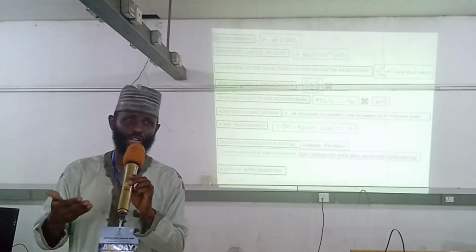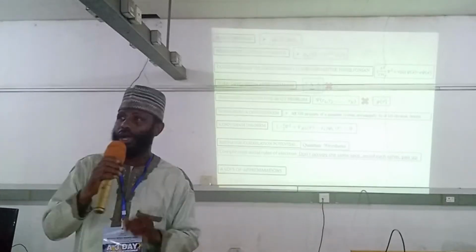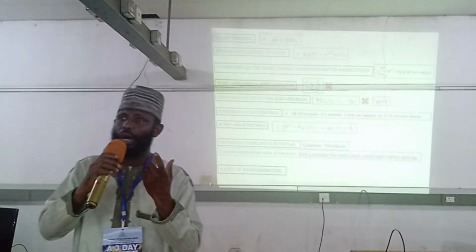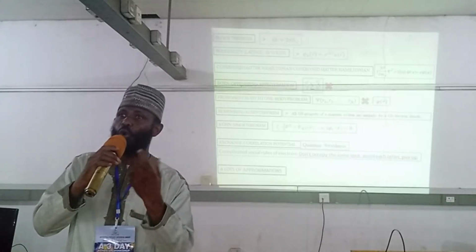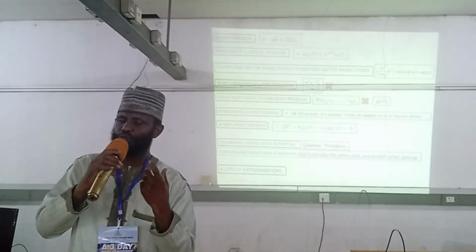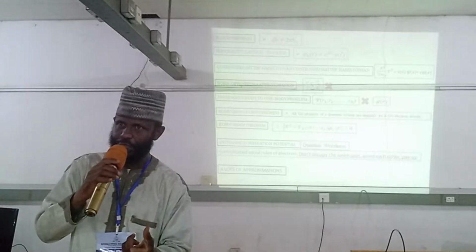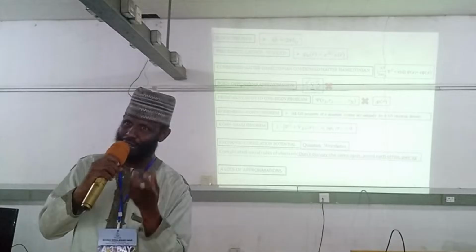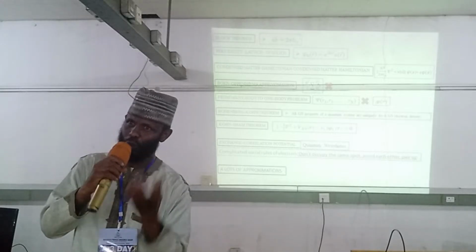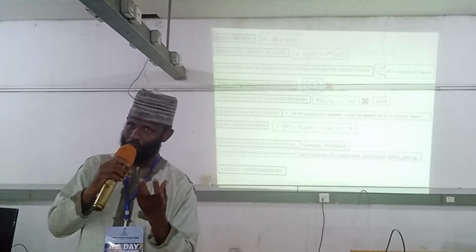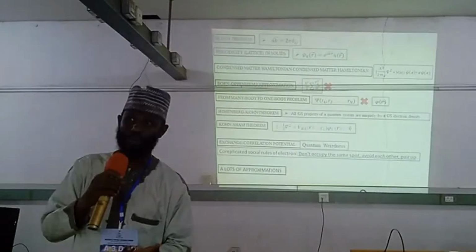But we know also that solids contain about 10 to the power of 23 atoms or more. So if you imagine trying to understand electron propagation in the atoms, you imagine how it would be.